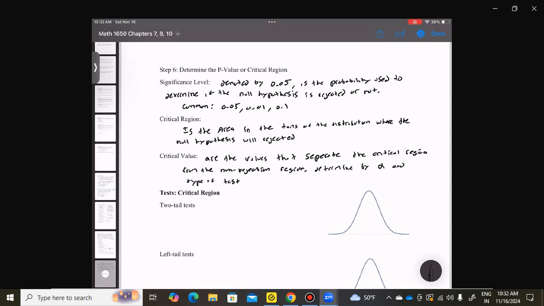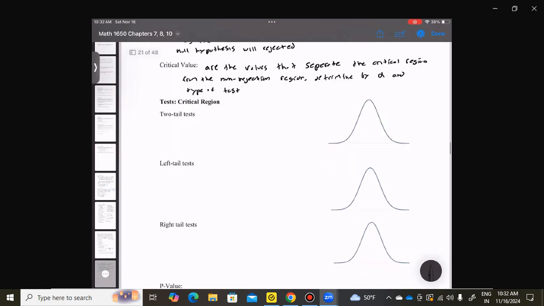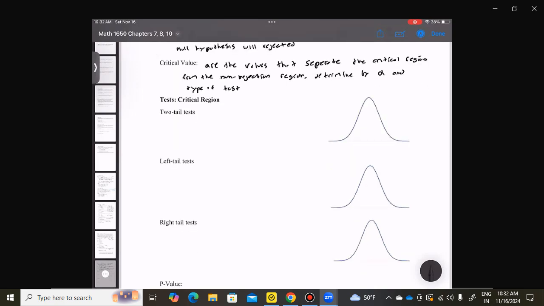Okay. So we're going to go through 3 different types of tests and look at where the critical regions fall, where the non-rejection regions fall, and what it means for the alpha. So a two-tailed test. The non-rejection region is in the center.